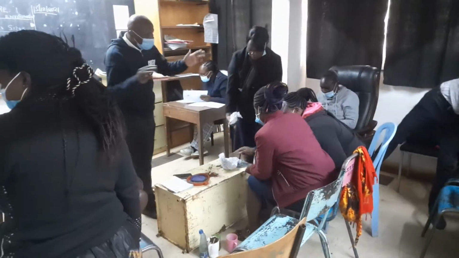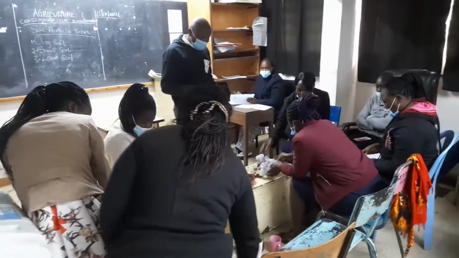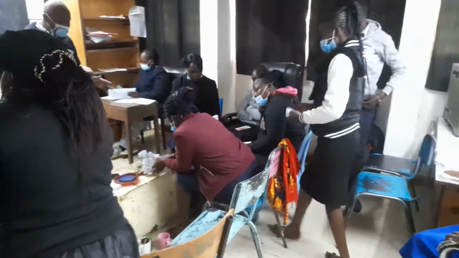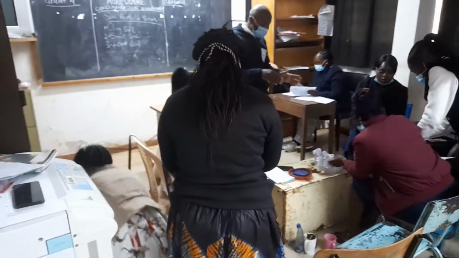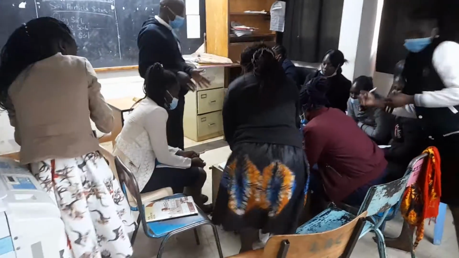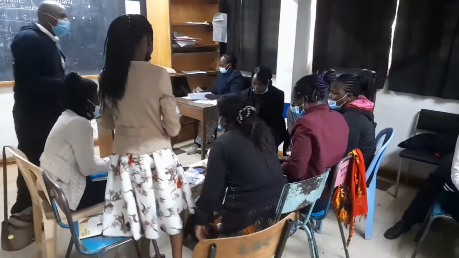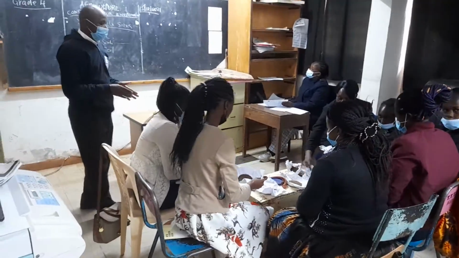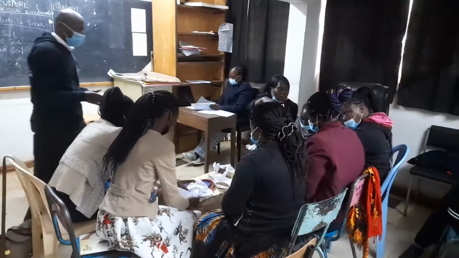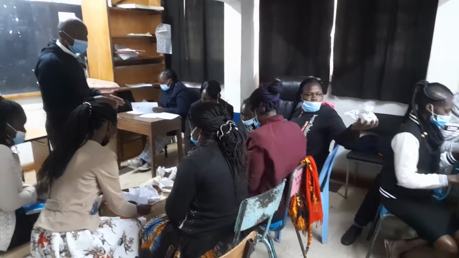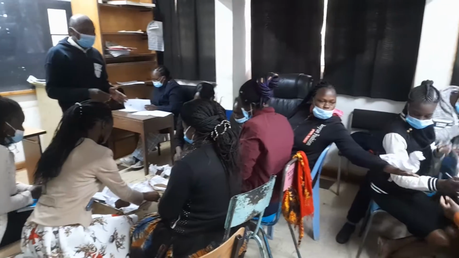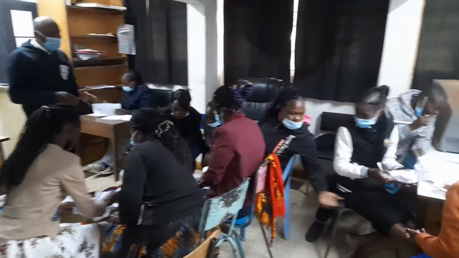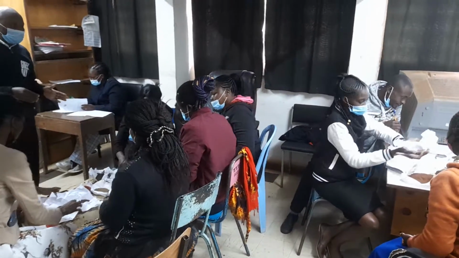Okay, as we collect the samples, I want group 1 and 2 to have loam and sand soil. And then group 3 will have clay soil. Group 3, do you have the clay soil?